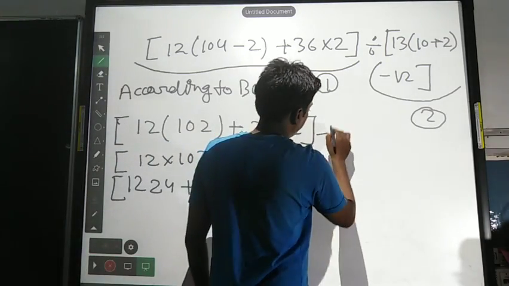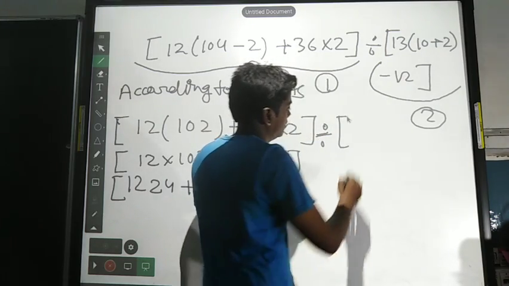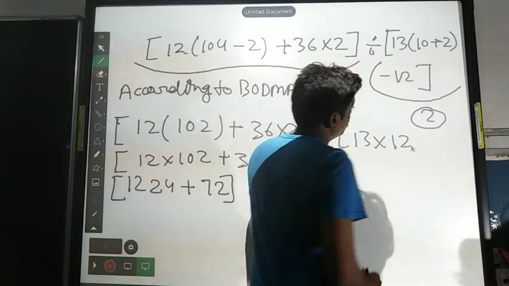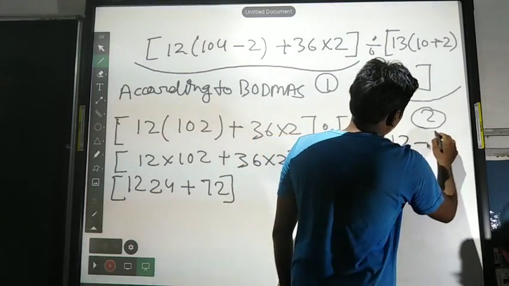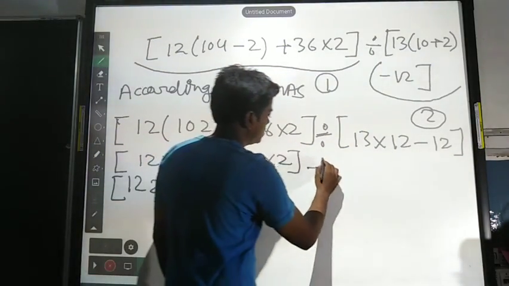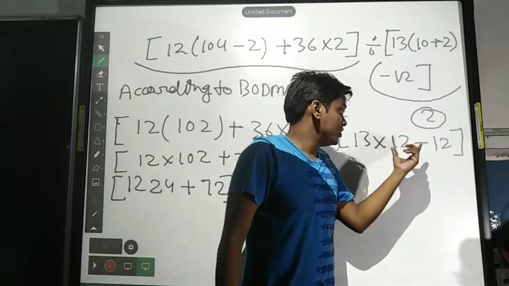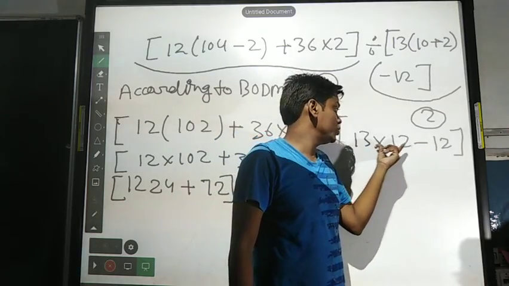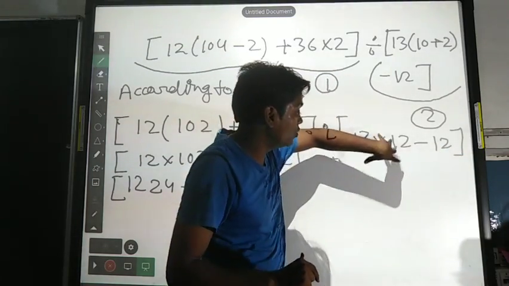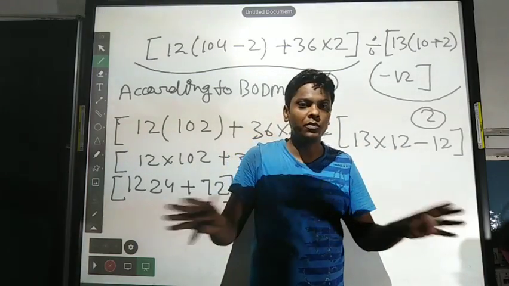Now the second part is a large bracket: 13, that is small one, (10 plus 2) is 12, minus 12, and that bracket close. Now here is divided by. See, you are saying here is 13 into 12 minus 12, but you should not be in a hurry. 12 minus 12 is 0, and 0 into 13 is completely 0.